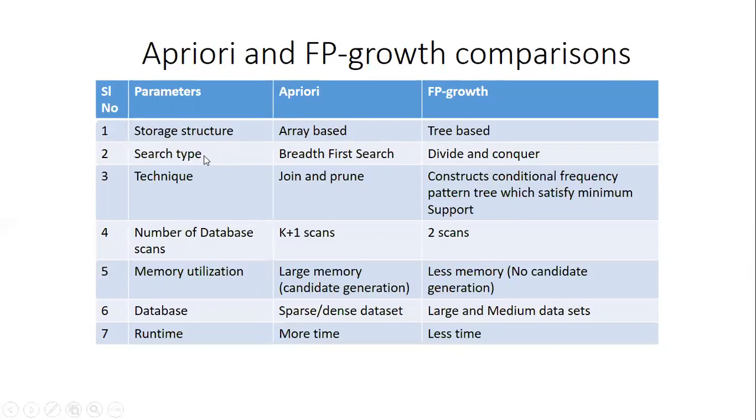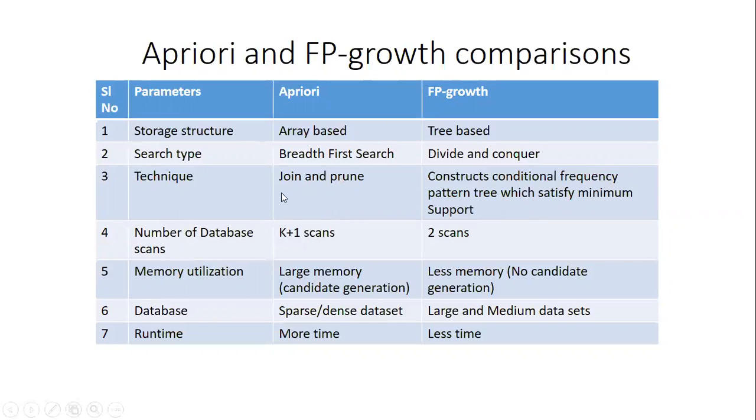Then search type: to search a particular frequent item, Apriori uses breadth first search, whereas FP growth uses the divide and conquer method. The technique used in Apriori is join and prune. L1 is joined with L1 to get candidate C2, then from C2 we get L2, and L2 is joined with itself to get C3.